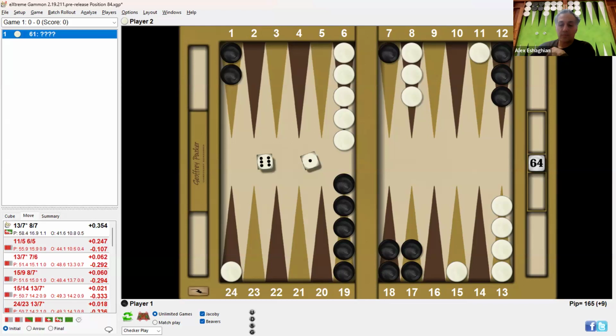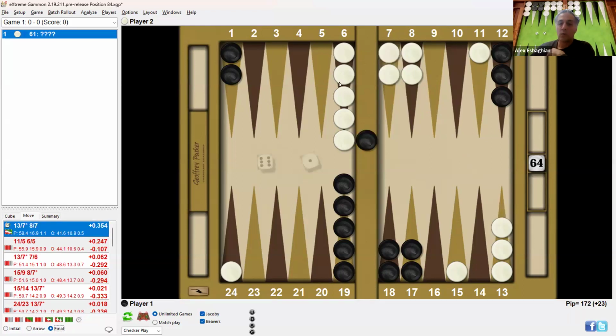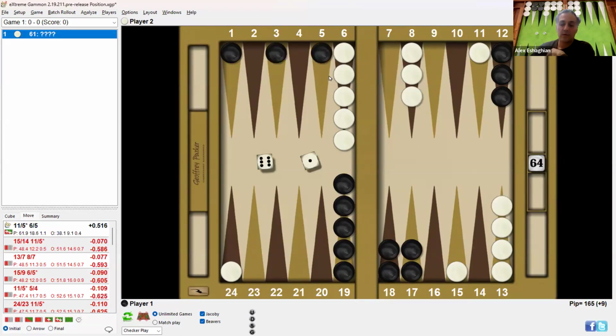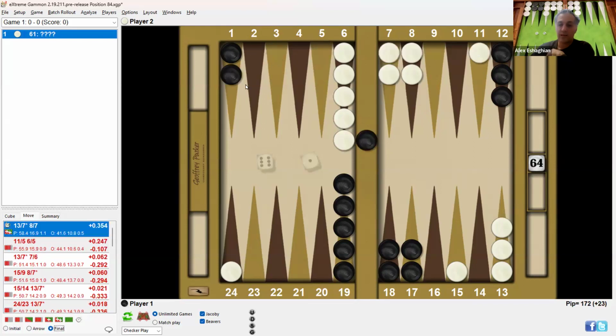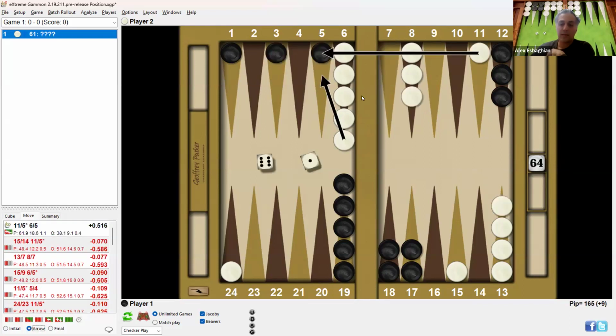Here's another example. After the correct play with a 6-1, the opponent makes the bar point on head, and you have a checker on the bar against a 1-point board with this awkward 6-1 formation. On the other hand, if you're over here, the correct play is to make the 5-point on the head. So now you're on the bar against a 2-point board, and you don't have an anchor, whereas here, notice you do have an anchor against a 1-point board, but now after this, you don't have an anchor.